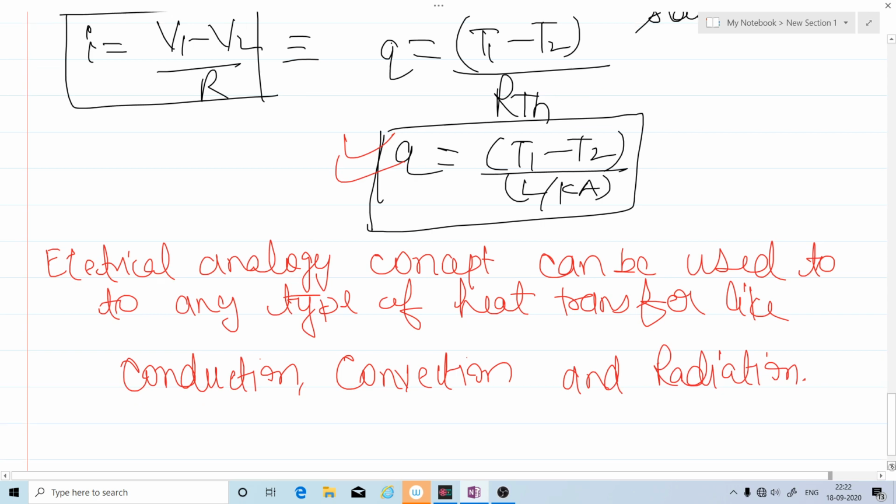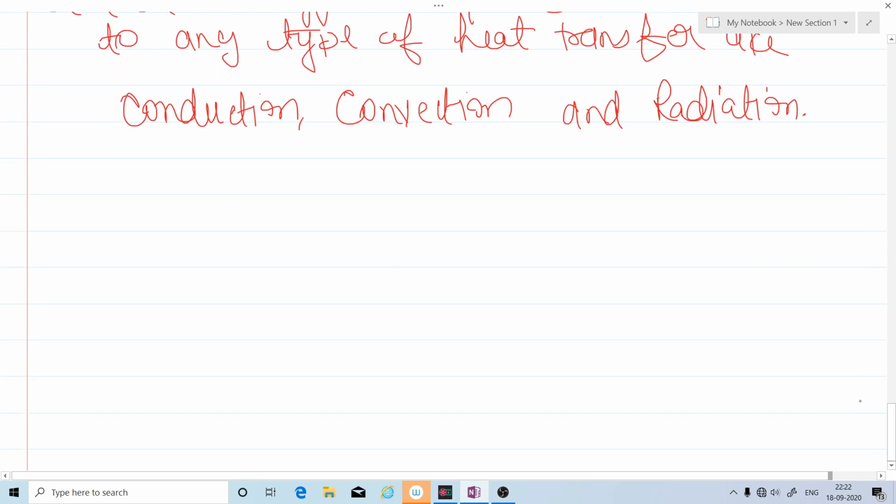Now what is the benefit of using this electrical analogy concept? The main advantage is that it simplifies our problem. Let's say there is a combination of conduction heat transfer through two slabs, and also convection heat transfer on the left and right faces.